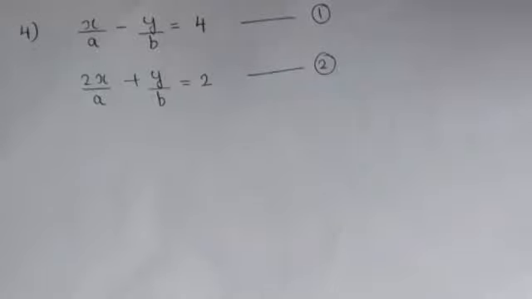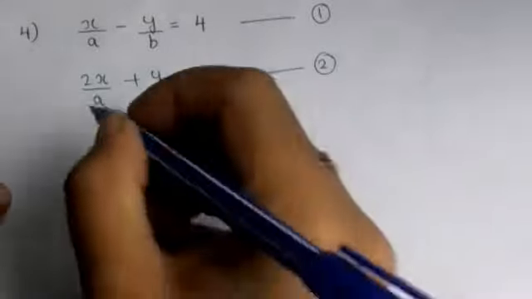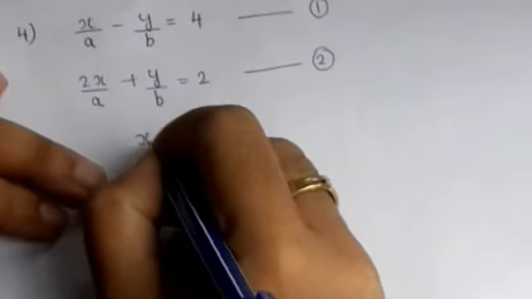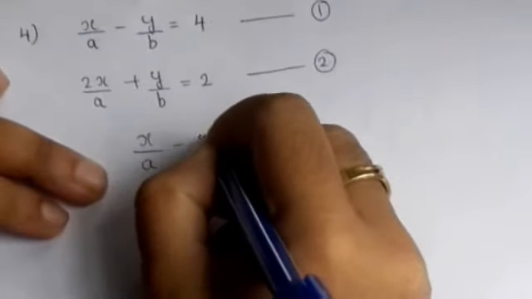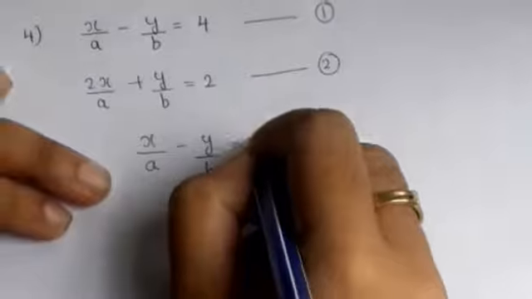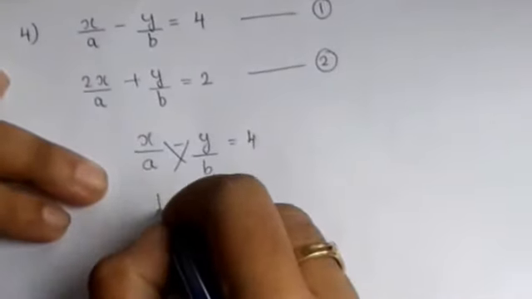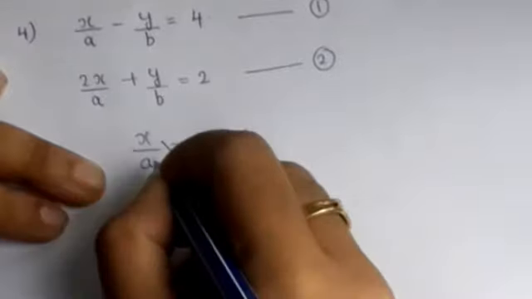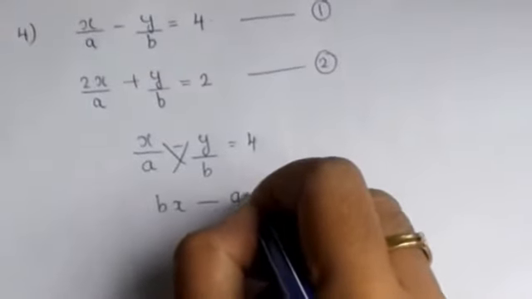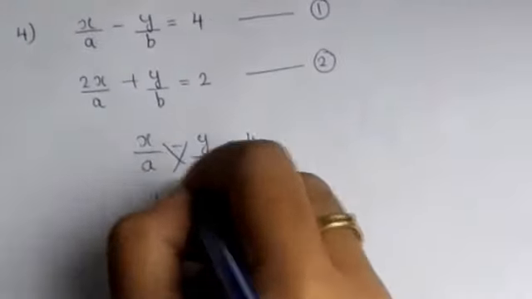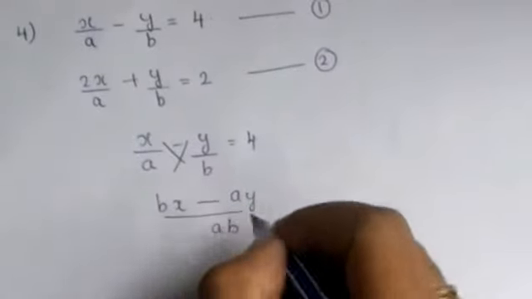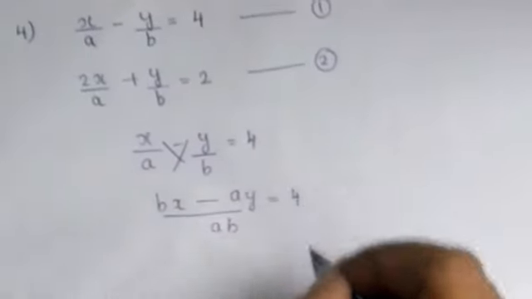Okay, how? For this we select x by a minus y by b is equal to 4. If you cross multiply, you will get b into x minus a into y, that is bx minus ay, all divided by a into b, that is ab, equal to 4.